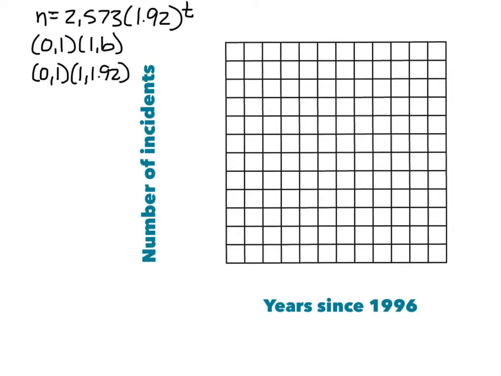So that gives us these 2 points. 0, 1 times 2,573 is 2,573. Okay? And the point 1, 1.92 times 2,573 is 4,940.